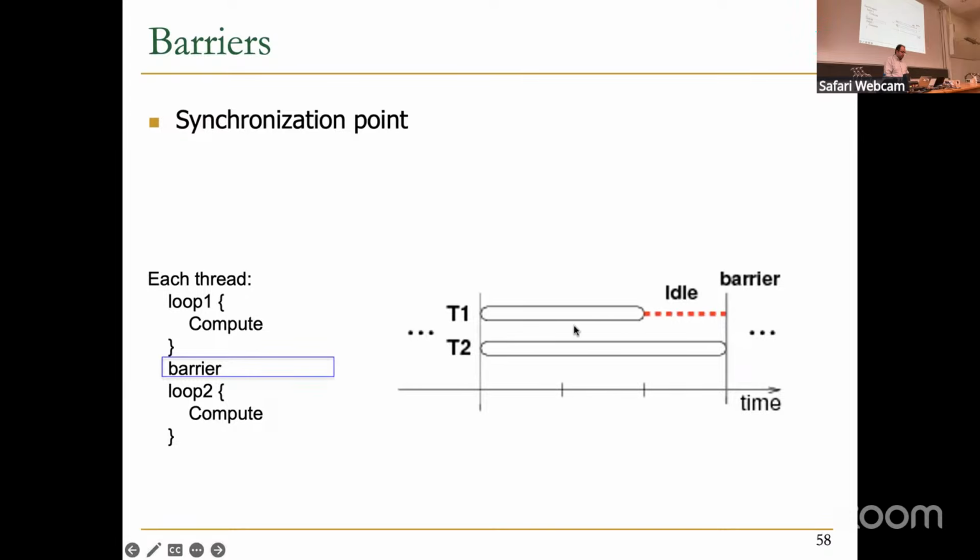Thread 1, for example, finishes the computation faster, but then it needs to stall at the barrier while thread 2 is still running. So if I try to prioritize thread 2 in some of its memory accesses, then thread 2 is going to reach the barrier faster, which in the end would give better performance for the whole application.